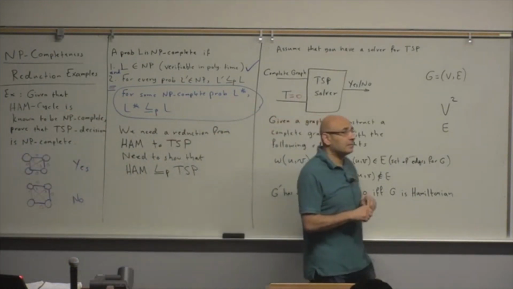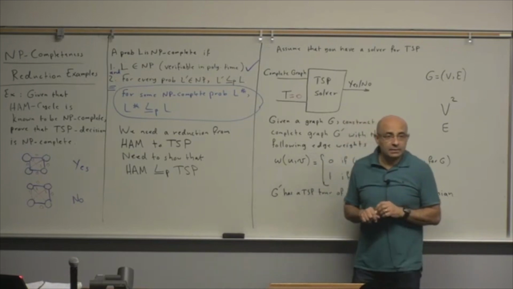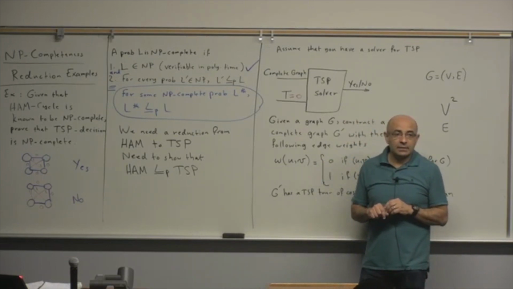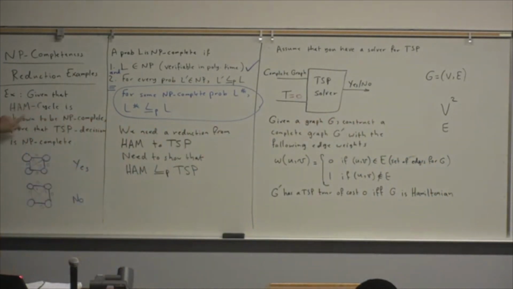Yeah. So even though we just proved that TSP is harder than Ham, how does it prove that Ham is NP-complete? We are given that. Given that Ham is known to be NP-complete, we are assuming that we know that Ham is NP-complete.